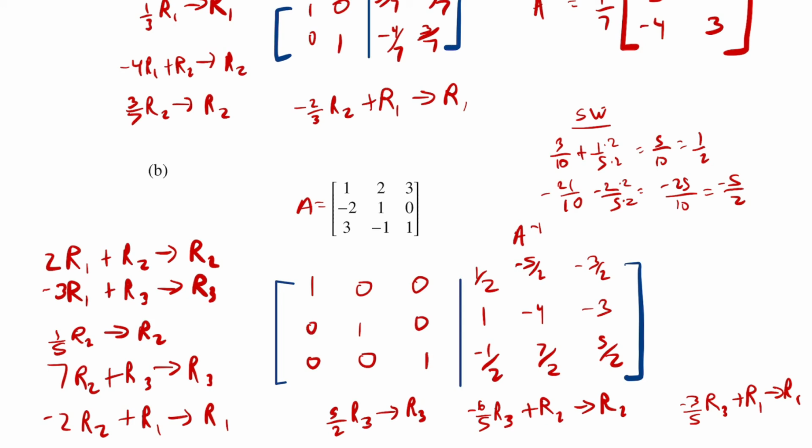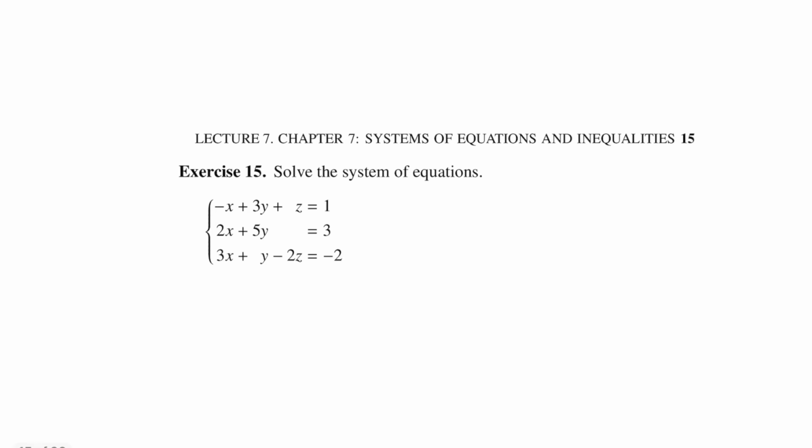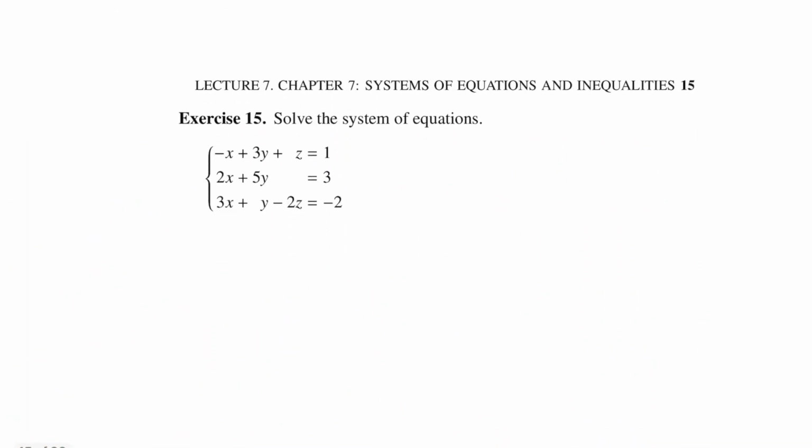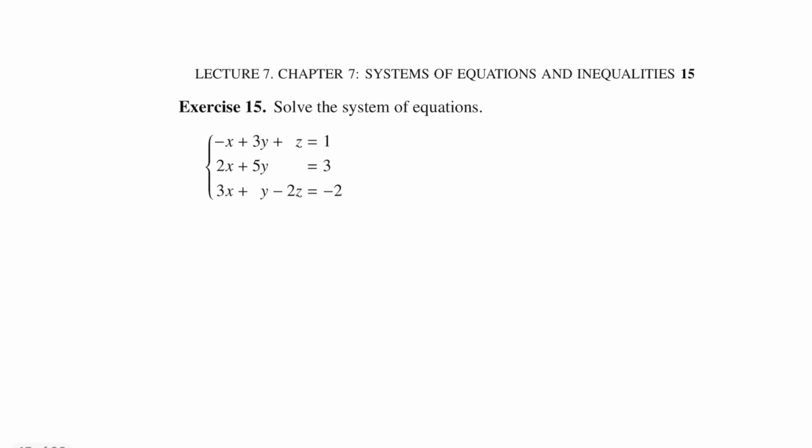Now we have to solve the system of equations. That's how we're going to do it using inverses. The A matrix is just the coefficient matrix, so it's -1, 3, 1, 2, 5, 0, 3, 1, -2.